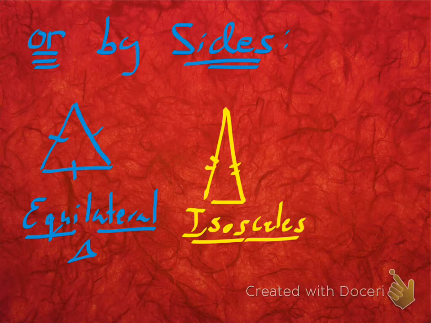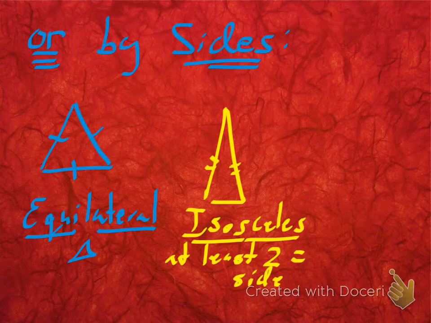It's just a triangle that has equal sides. If you really get precise about it, it's actually at least two equal sides. So you can think of an equilateral triangle as a special kind of isosceles triangle. Any triangle that has equal sides is isosceles.